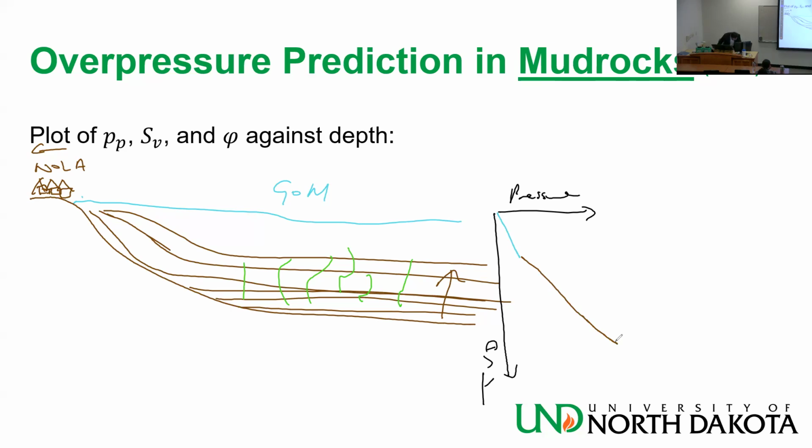And now you have the pore pressure, which will follow the hydrostatic up to the water, because it has the weight of the sea above it. And it's going something like this, and then this.